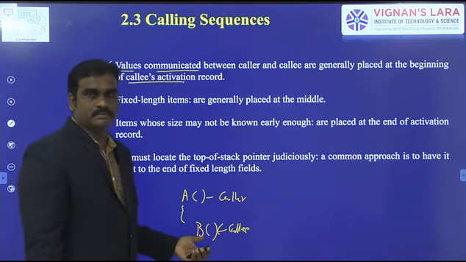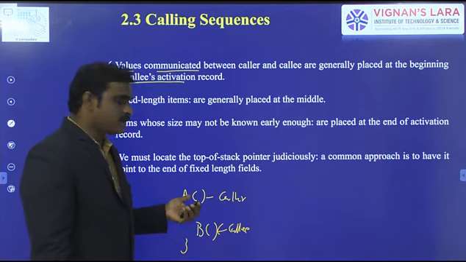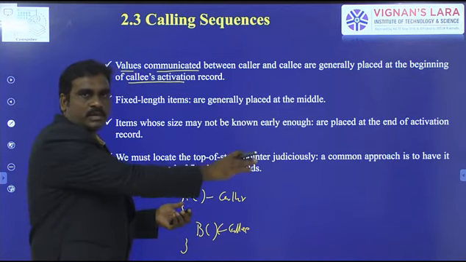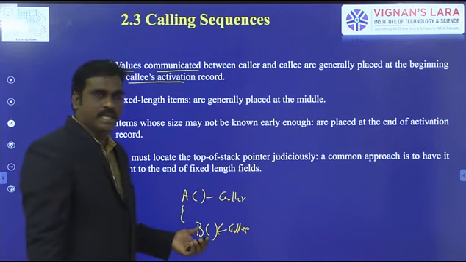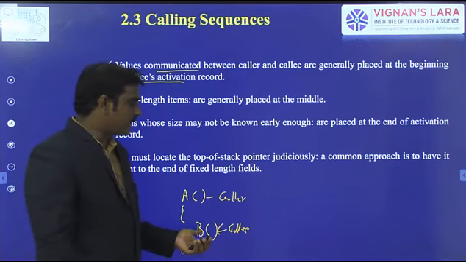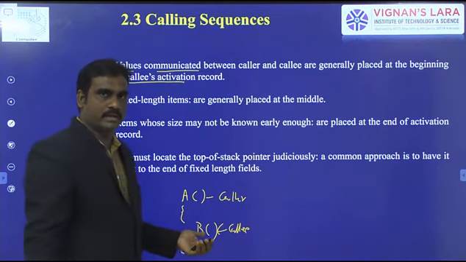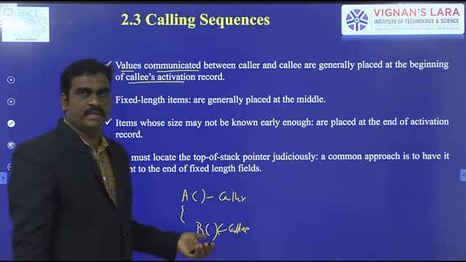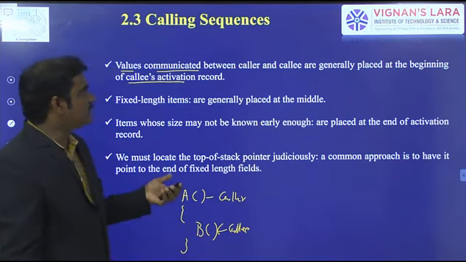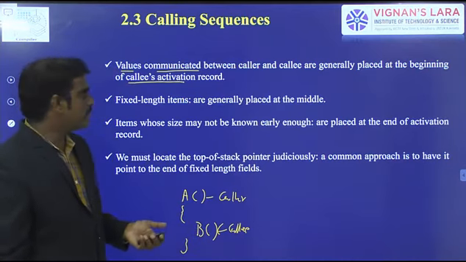Whatever the communication between the caller and the callee, it is placed at the beginning of the callee's activation record. That means in B. Because A is a function, A has one activation record. B is also a function, so B has one more activation record. In that activation record, it stores the information about the caller and callee values.